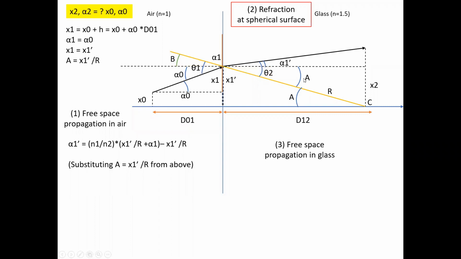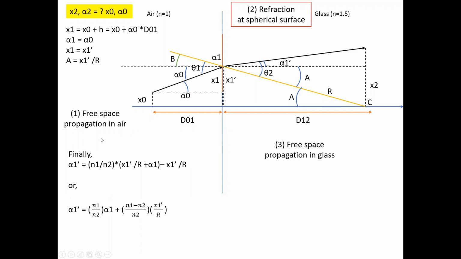So all the extra angles that I introduced, like theta 1, theta 2, A, and B, have now been completely substituted by terms which we know, like x1 prime, n1, n2, alpha 1, and radius of curvature. So alpha 1 prime, the exit angle, equals n1 over n2 times this term, which has x1 prime and R from the arc length relationship, alpha 1, because alpha 1 equals alpha naught. And again, the second term from the arc length relationship.